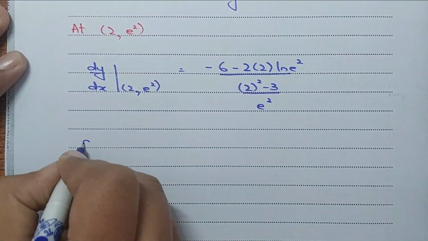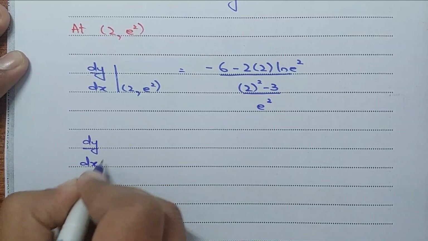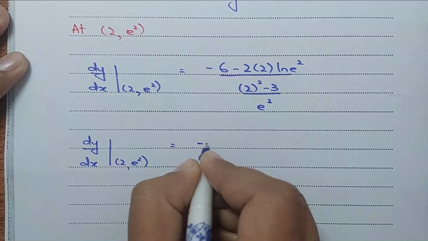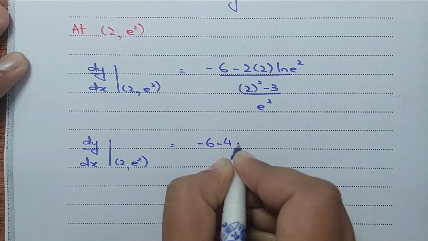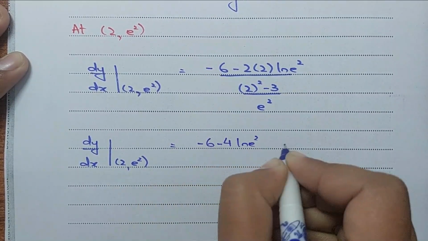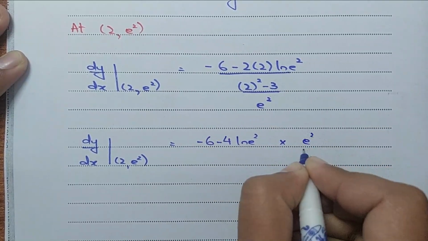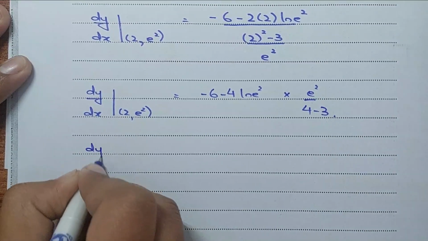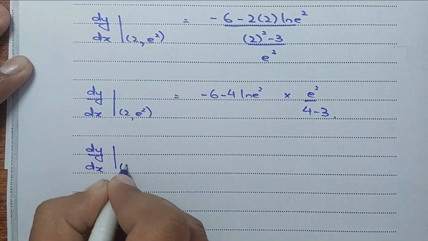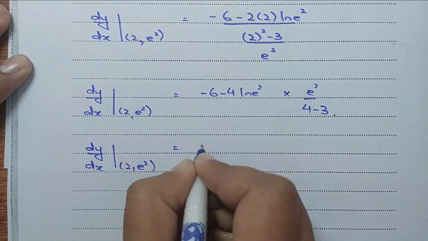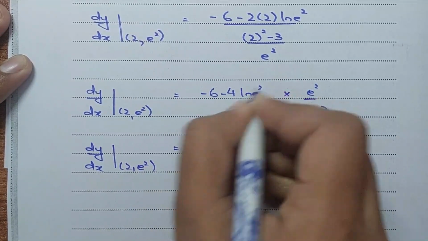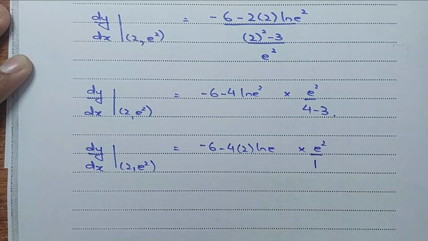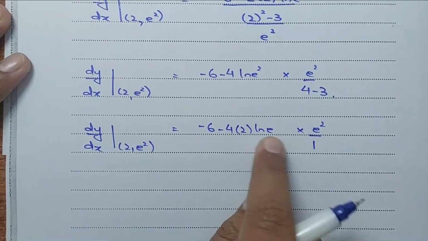Okay, now we have dy over dx at 2, e square. This becomes minus 6 minus 4 natural log e square, multiplied by the reciprocal, e square divided by 4 minus 3. Okay, now dy over dx at 2, e square, we have minus 6 minus 4 natural log of e square over 1. Okay, natural log of e is just 1.